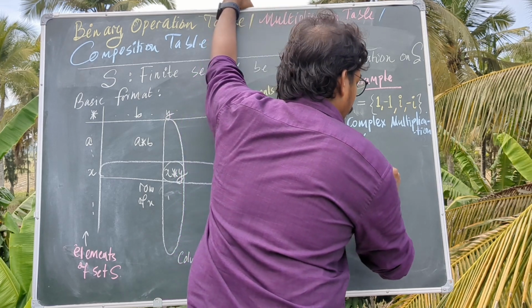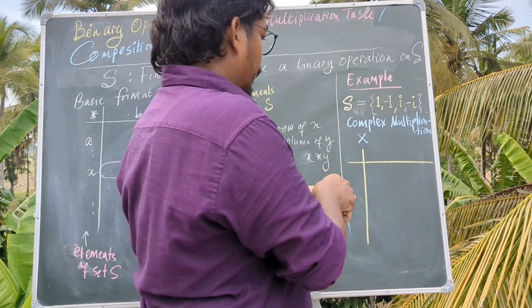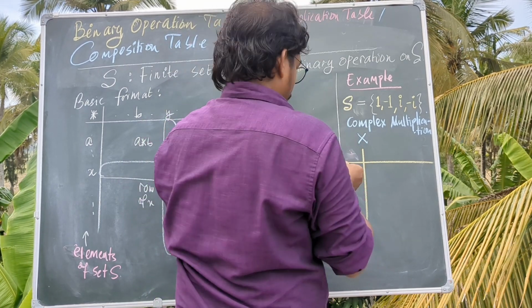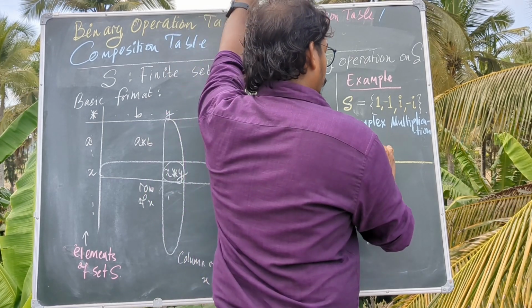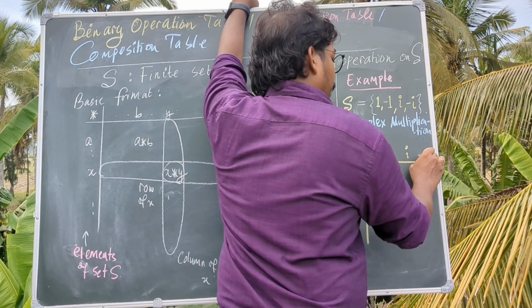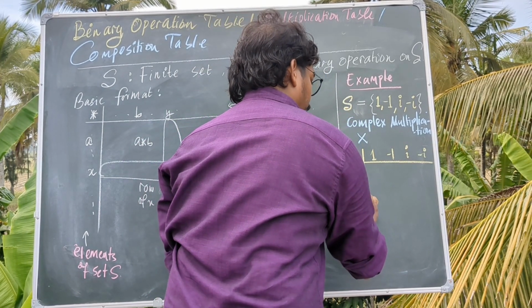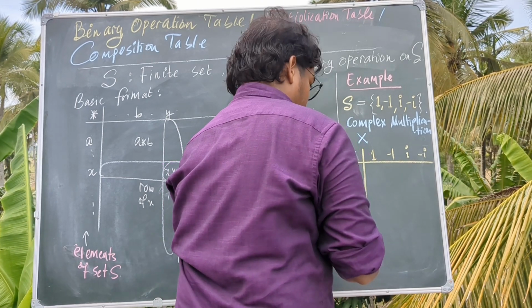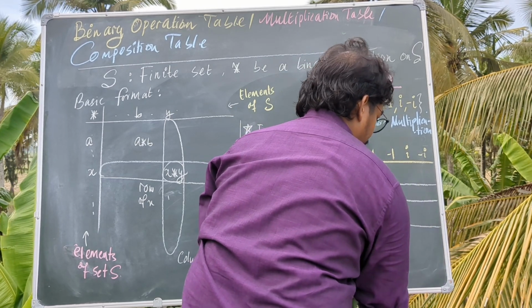So we have one row, column. Here we have our binary operation. Here we have elements 1, minus 1, i, minus i, and 1, minus 1, i, minus i. Let me separate them.